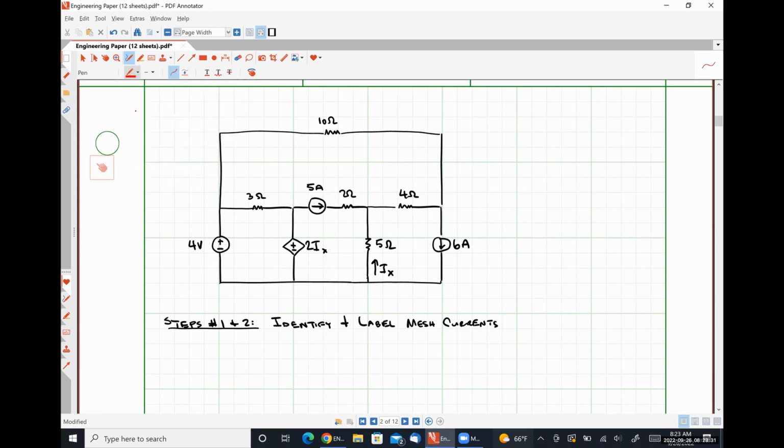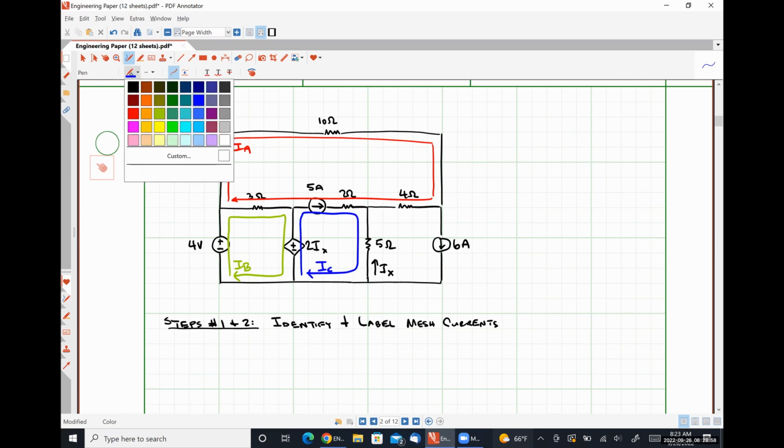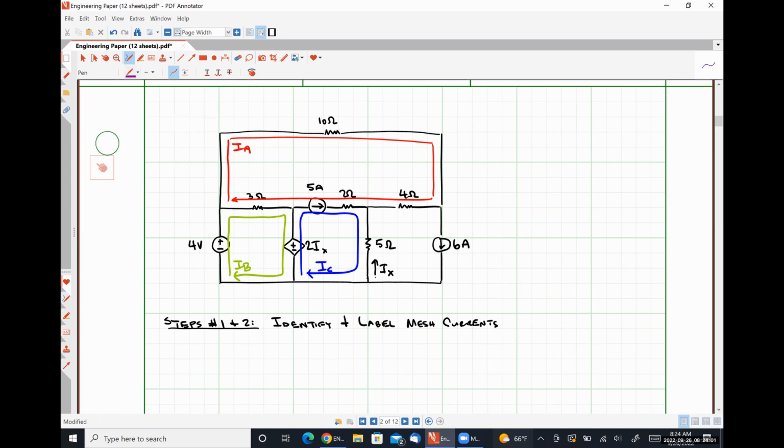So I am going to call this one IA, this one IB, this one IC, and this one ID.